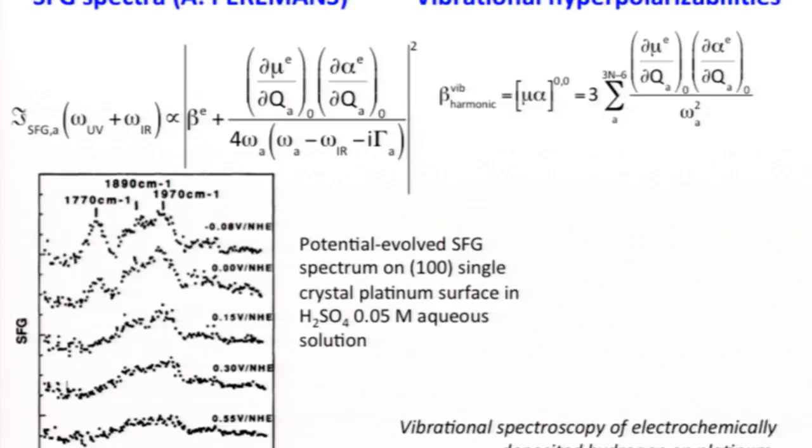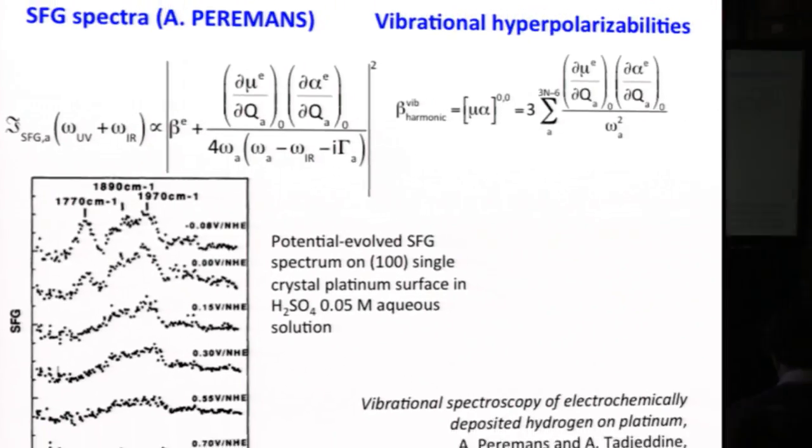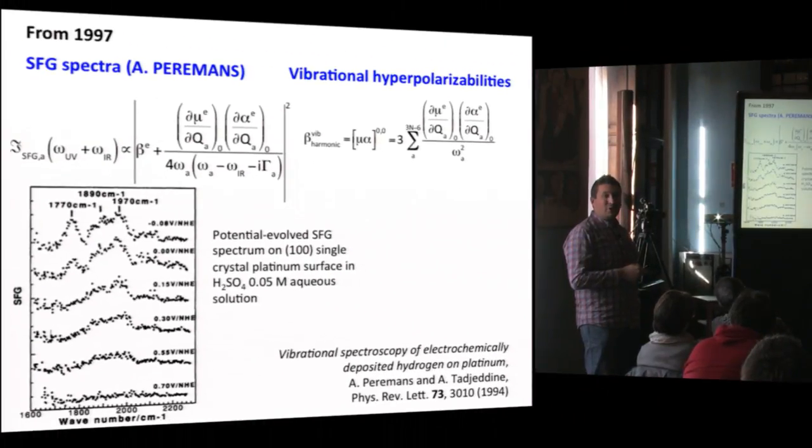At the same time, by using theoretical methods, we were interested in calculating vibrational hyperpolarizabilities. And you see that you have a very similar expression because, again, in the numerator, you have this product of an infrared dipole and a polarizability tensor.